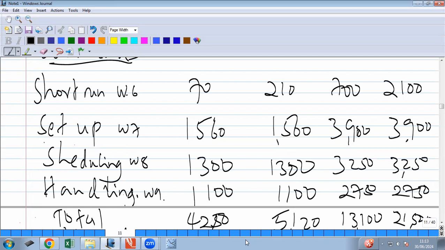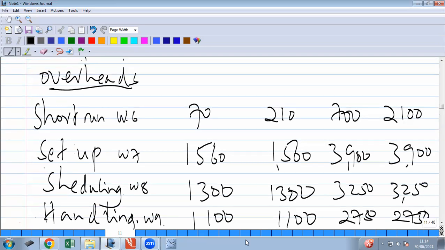You can see 1560, 1560. But for volumes under B, which is 100, you incur a higher cost. That means ABC looks at the volume. When you have fewer units, you incur less absorption costs. When you have higher units, you incur higher costs in overheads.